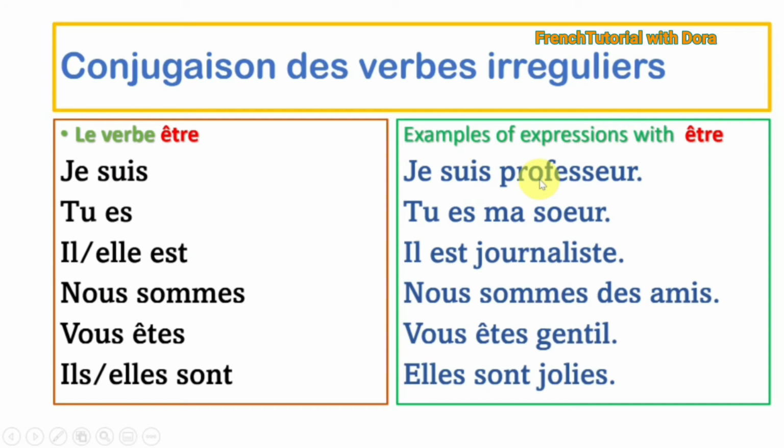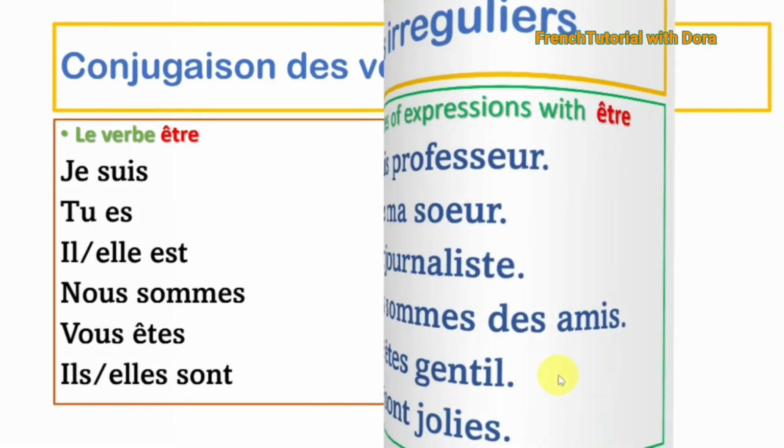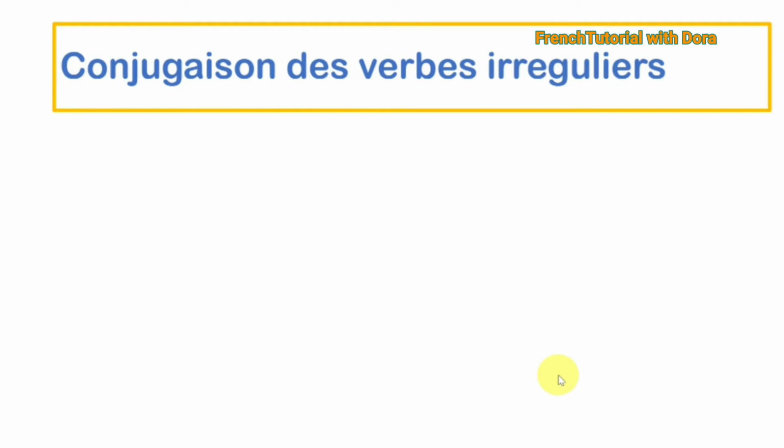Je suis professeur. Tu es ma sœur. Il est journaliste. Nous sommes des amis. Vous êtes gentille. Elles sont jolies. They are beautiful.